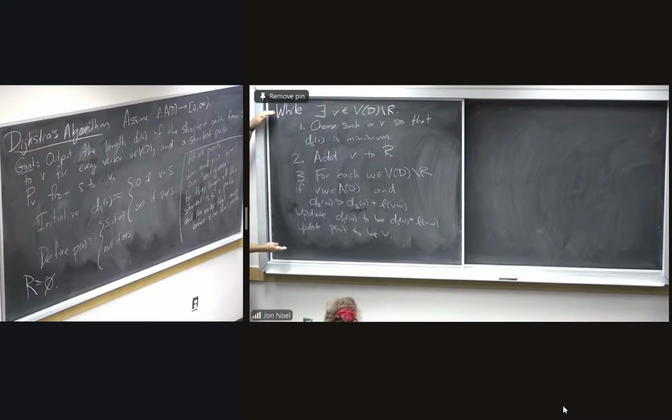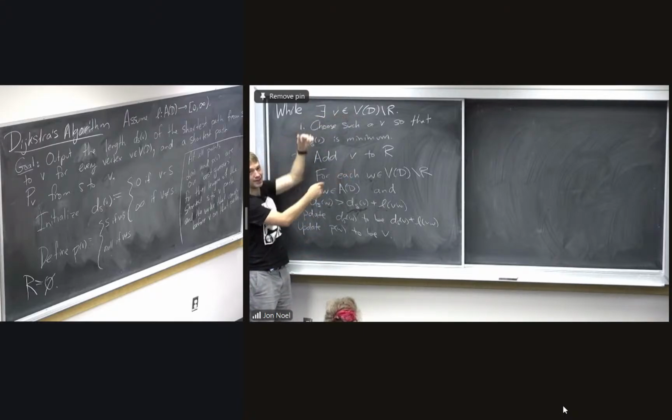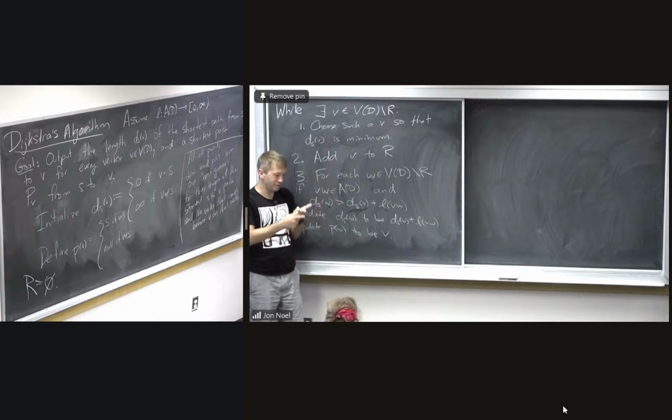So you've got this outer loop that keeps checking, and in each step of the outer loop, I add one thing to R, right? So it's kind of clear that this big loop is going to run n times, because R starts at size 0, then 1, then 2, up to n.